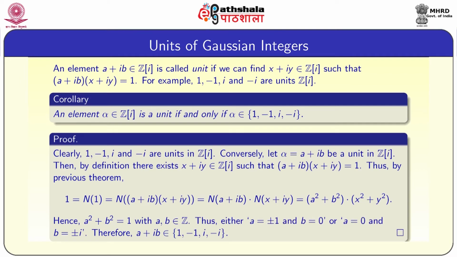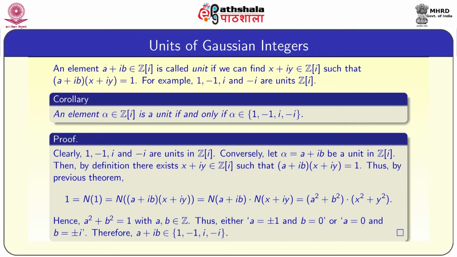Consequently, a square plus b square is positive and x square plus y square is positive. So, a square plus b square has to be 1 because a and b are integers.